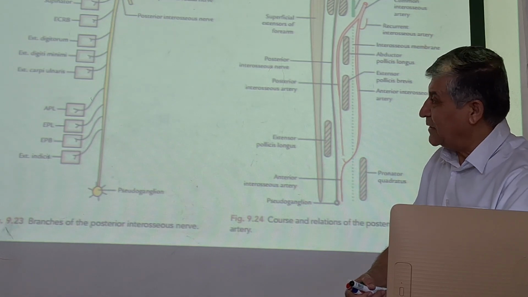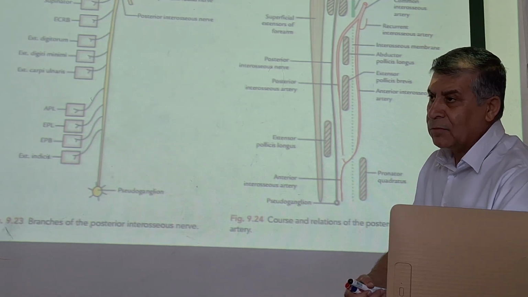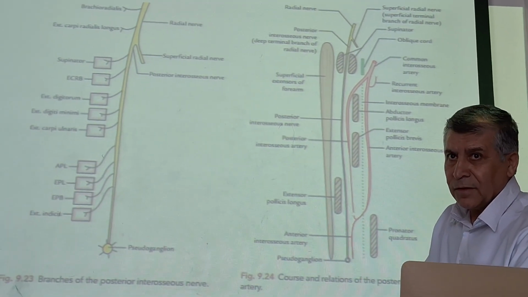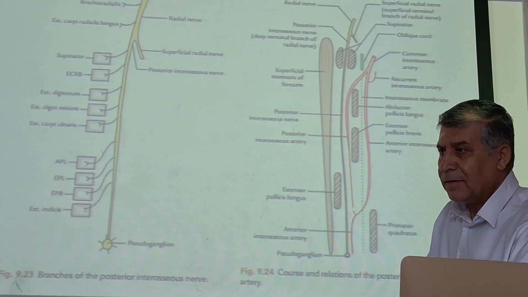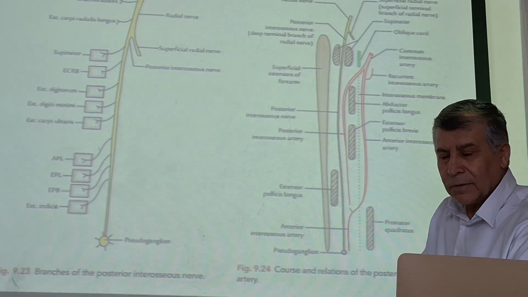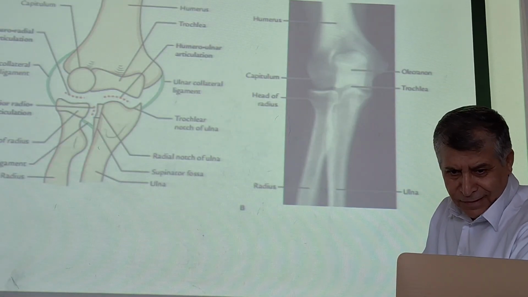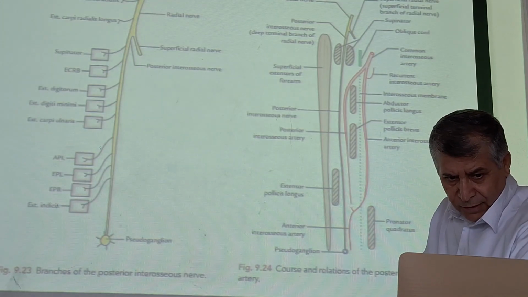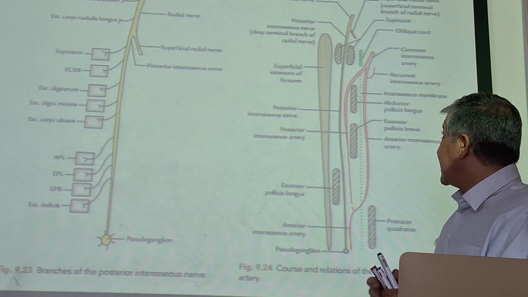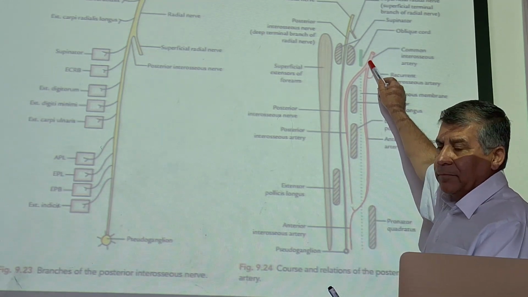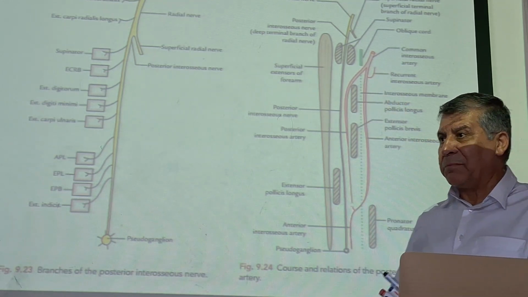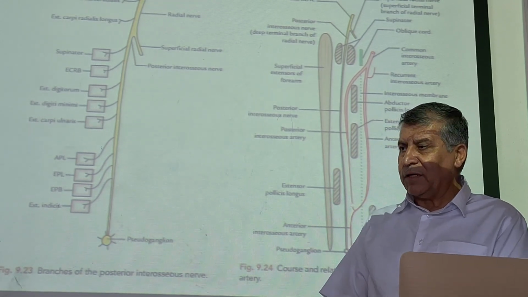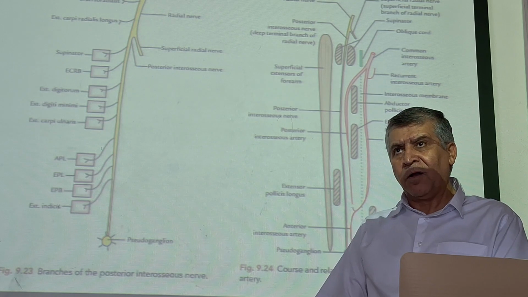Innervation of all posterior muscles of the forearm is the radial nerve. In this figure, we can see the common interosseous, a branch of the ulnar artery.